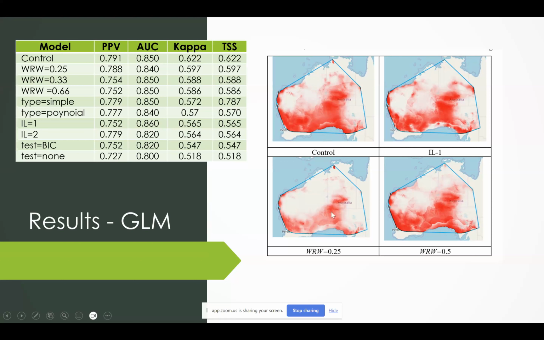For the other two models we selected, WRW equals 0.25 and 0.5, they have the same AUC scores as the control model, but we can find obvious differences in their simulated results.